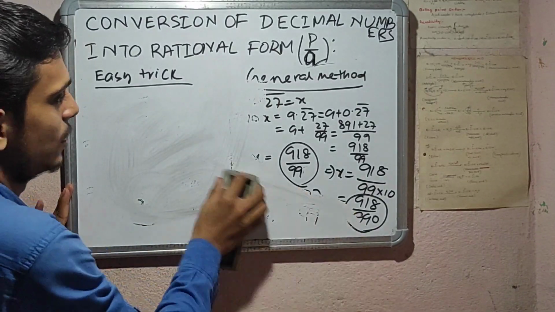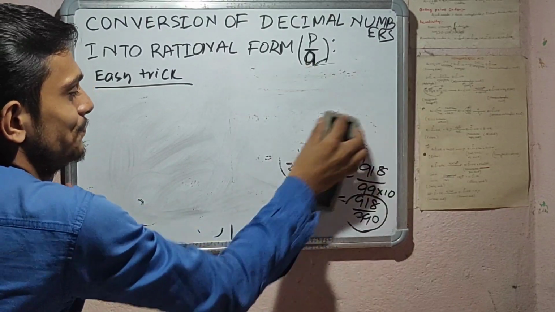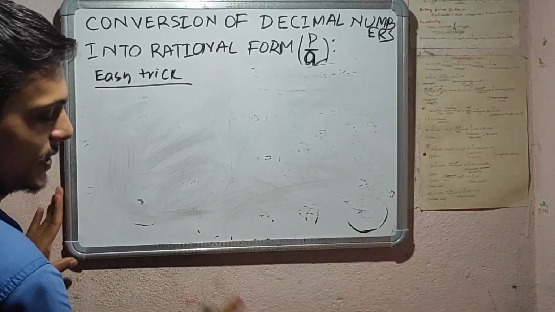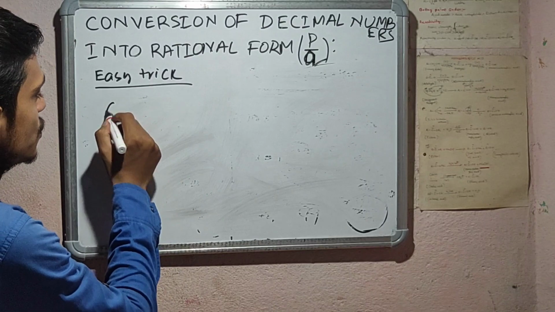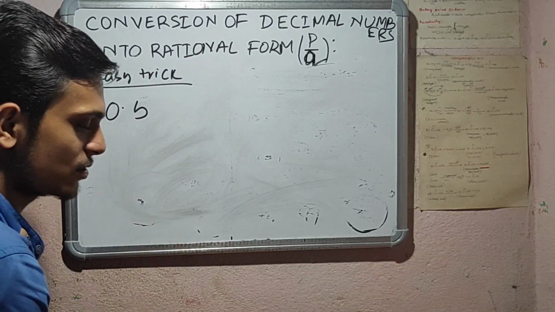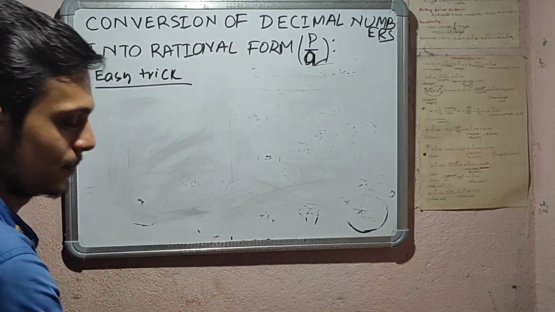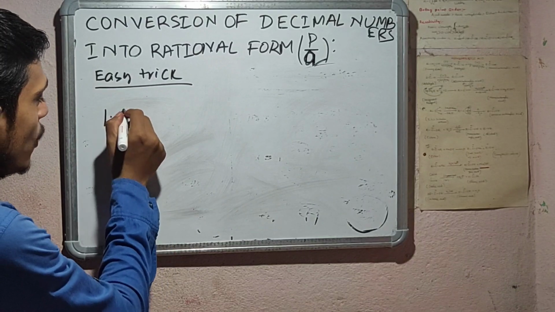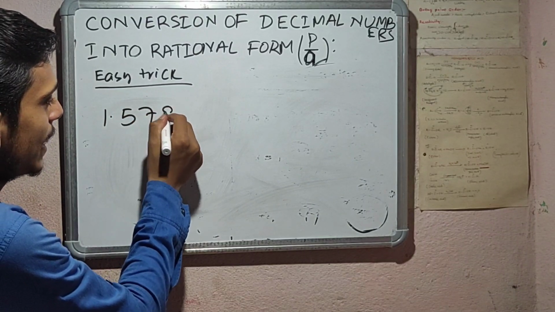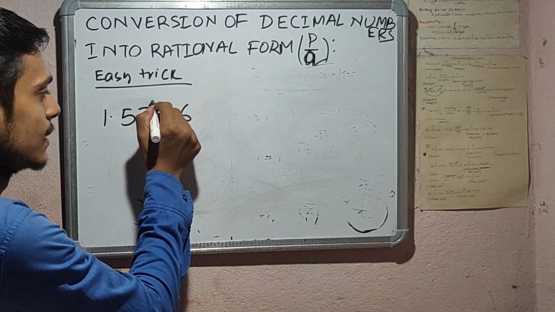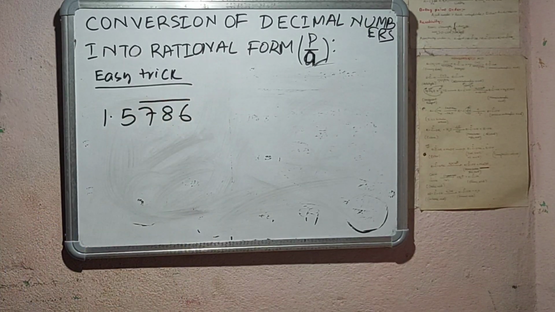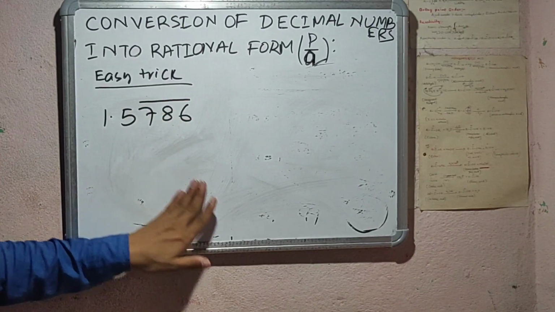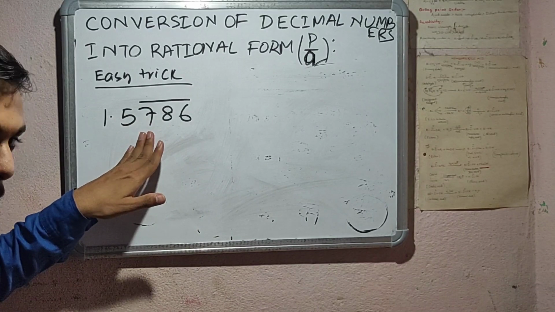So I think I should take another example for better understanding. Let's take another example, 1.5786 with the bar on 786. Clear? This is a mixed repeating decimal.